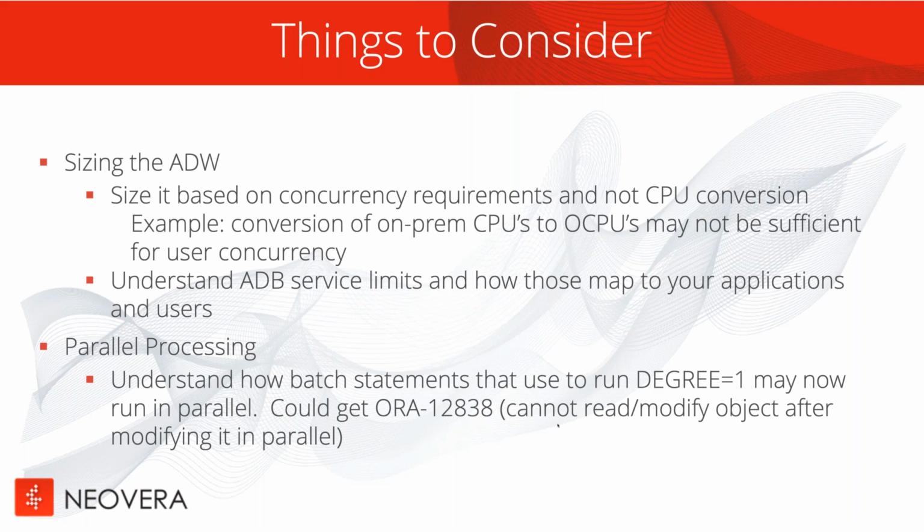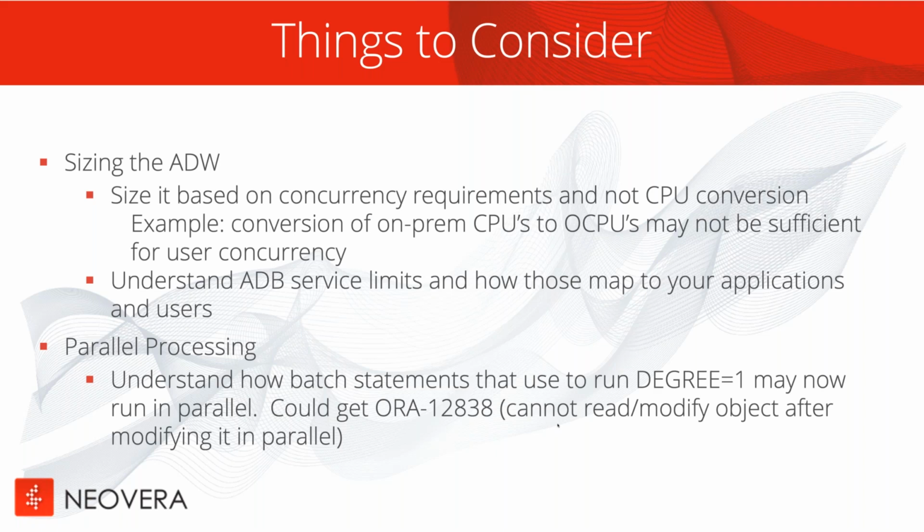You have to understand what the service limits are, in this case for the Autonomous Data Warehouse. You need to know what those service limits are, because your requirements for the number of users connecting to your database and concurrently running things could be wildly different than what you would be allowed for a CPU conversion. And I'll show you an example of that in a second.